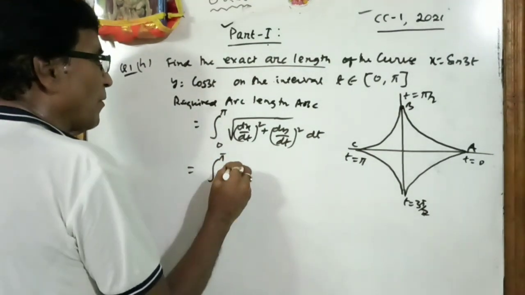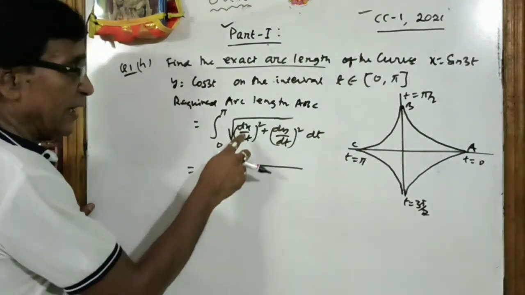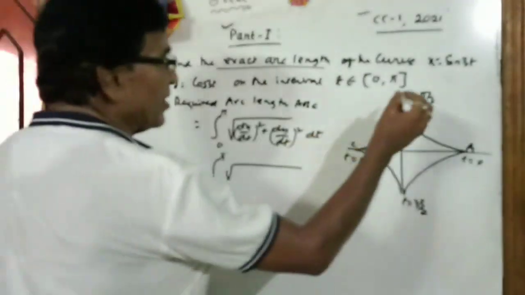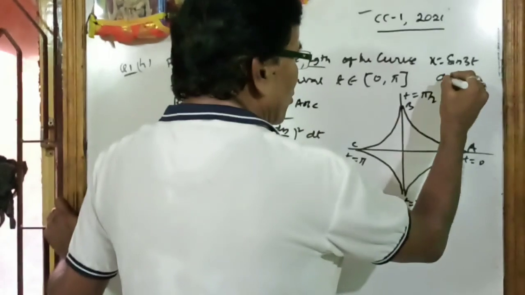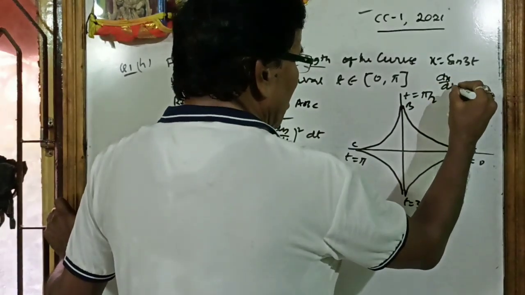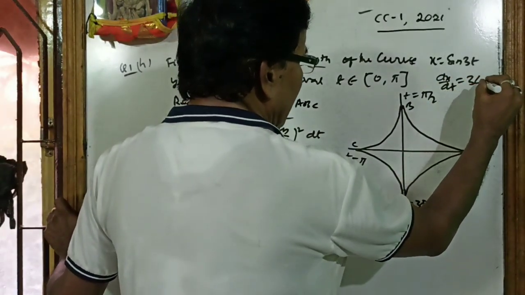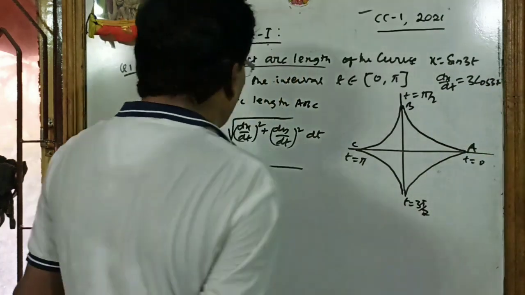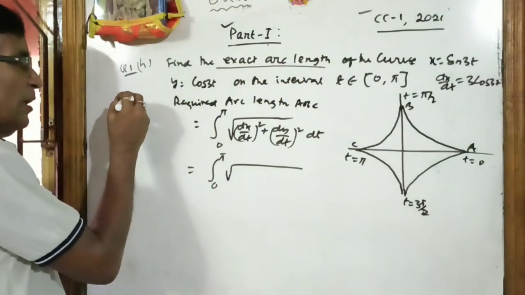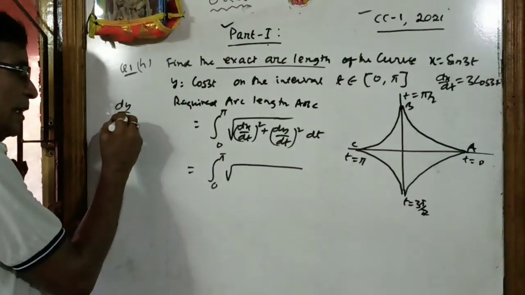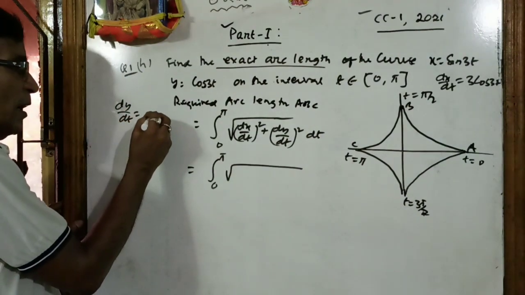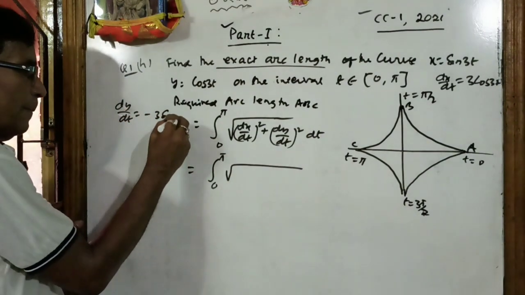What is the value of dx by dt? Here x is equal to sine 3t, so dx by dt is 3 cos 3t. And again, what is the value of dy by dt? dy by dt is equal to minus 3 sine 3t.